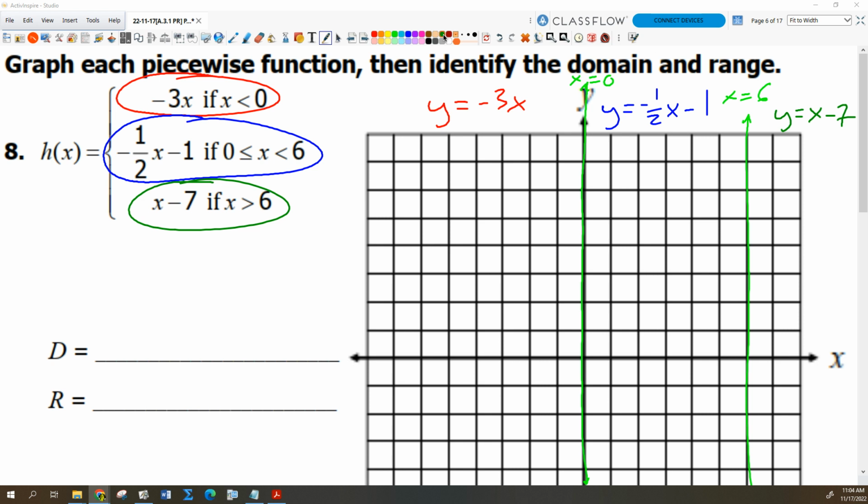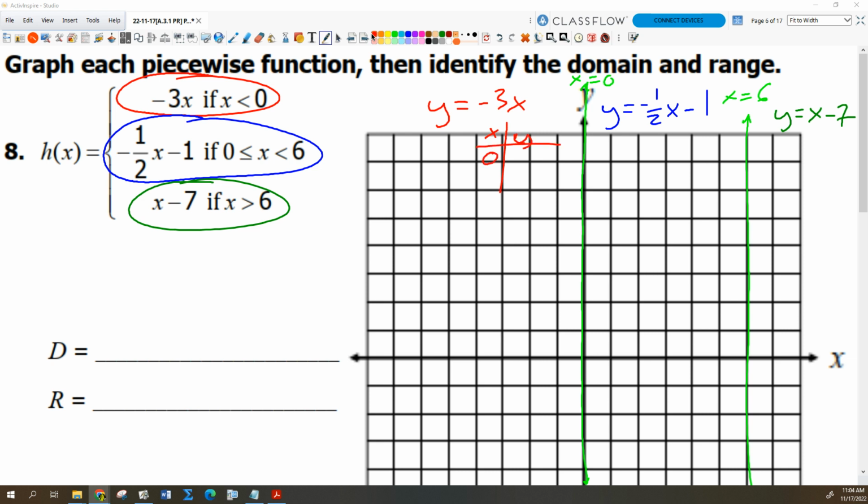Okay? So now in the red region, we've got to graph that red function. Okay? So we need to pick 2 points. What's one point we definitely want to include? 0, right? Because we want to know where does it end when it gets to the right of its domain. So we're going to make a red t-table. And we're going to plug in 0 for x.